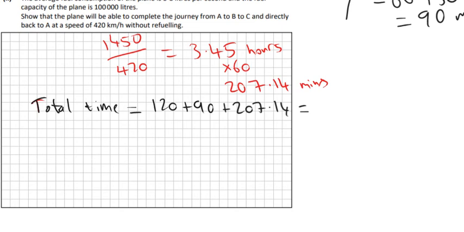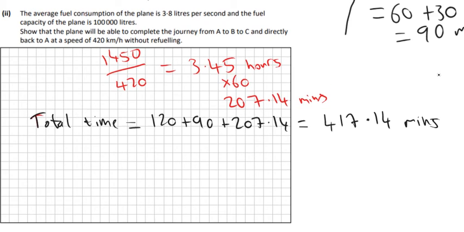So if we add up all of them together then, we get 417.14, and that's still rounded off, and that is in minutes. Just look back at the question here then. It gives us what the average fuel consumption is, so it's litres per second. So we know for every second that it's in the air, it's going to take 3.8 litres of fuel, which is a lot when you think about it.